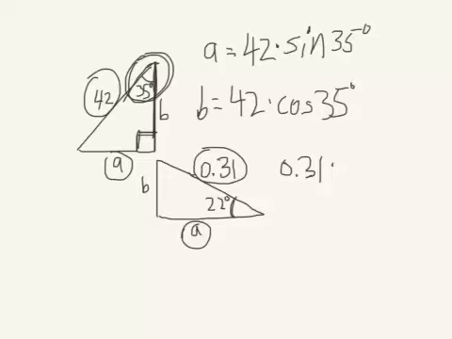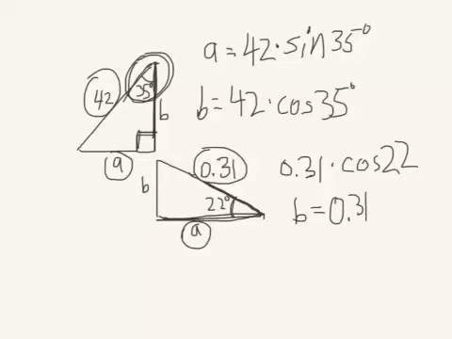We have to figure out if this side A is opposite or adjacent to the 22 degrees. And because it is included in the angle of that 22 degrees, we know it's adjacent. Because it's adjacent, we pick cosine. And B is the opposite side. So B is the hypotenuse times sine 22.